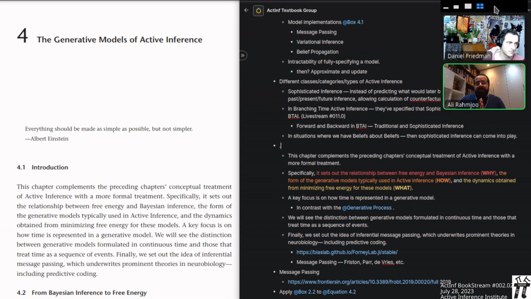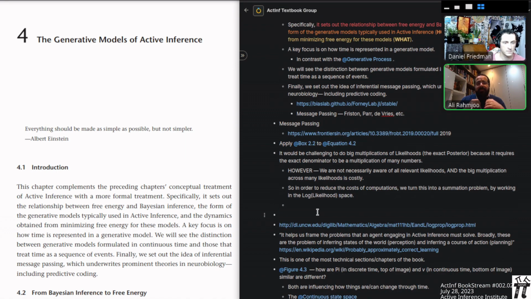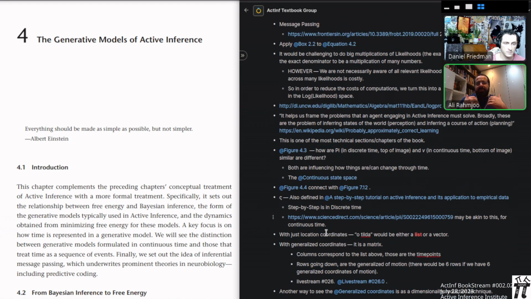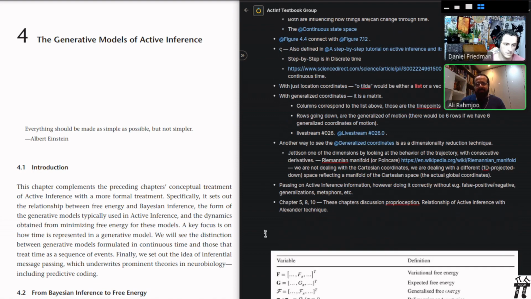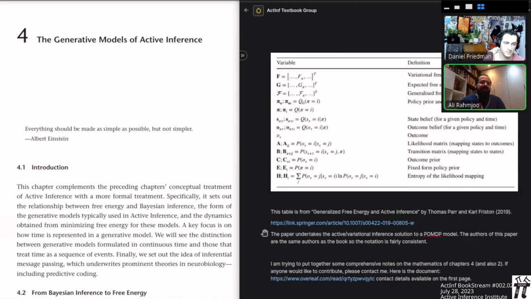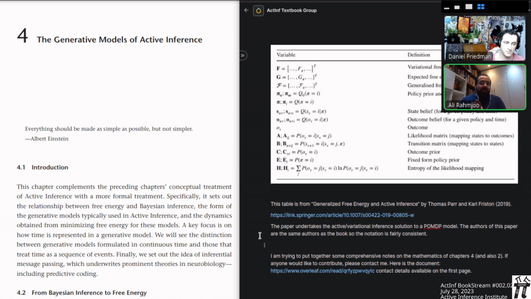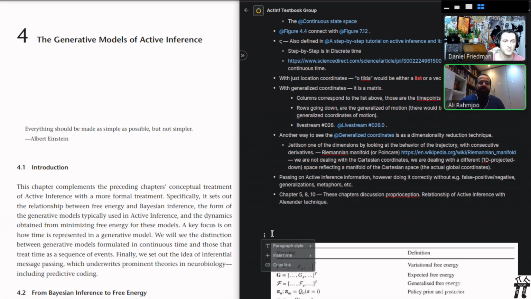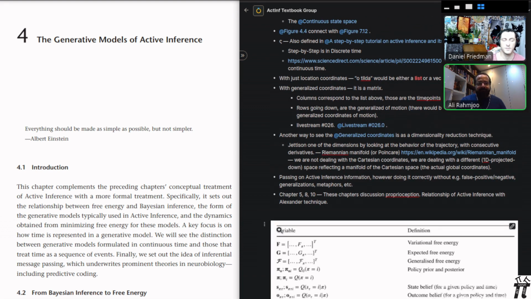So I would personally suggest reading through this chapter really slowly, and even if we don't understand every single detail, obviously we can return as required as we go through the textbook. Thank you, Ali. Yes. So let's look through the sections.